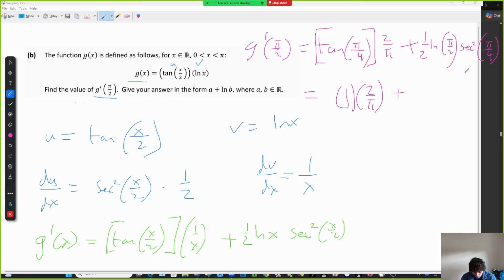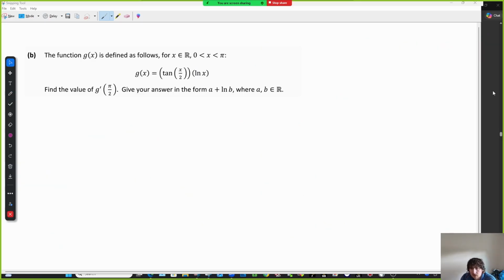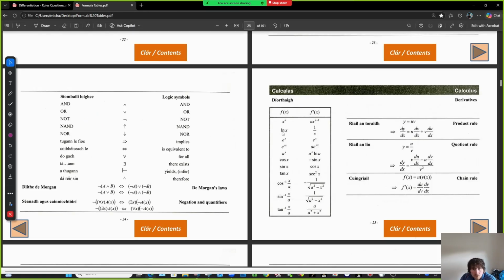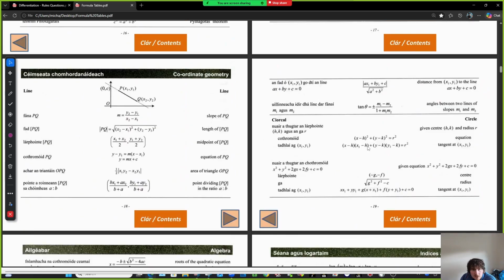The sec button is somewhere there, but just so people know a trick here, let me clear this away for a second. So if you can't find the sec button, you can work out what sec actually is.